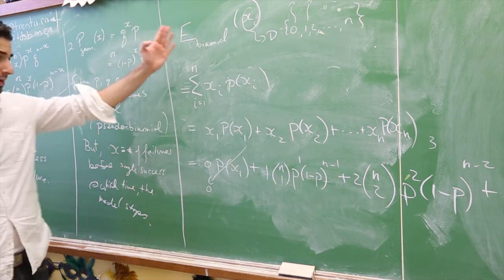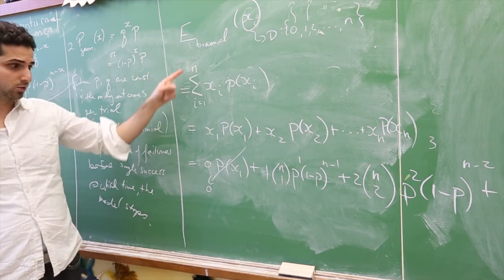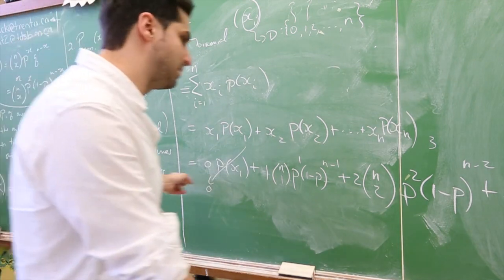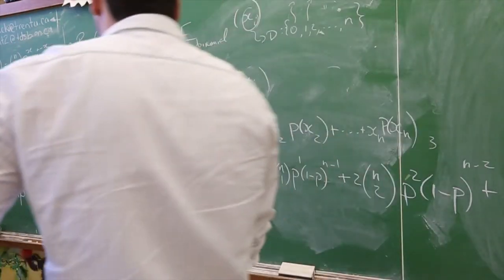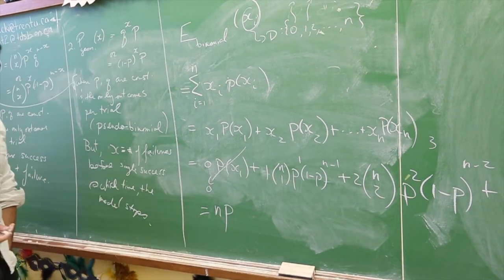This is how I defined average for you using the expected value notation. Now look through it and see if it makes sense so far. Somehow we know that this whole thing has to work out to equaling NP. The question is, does it?